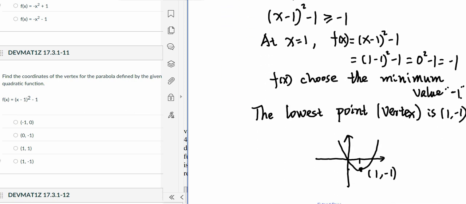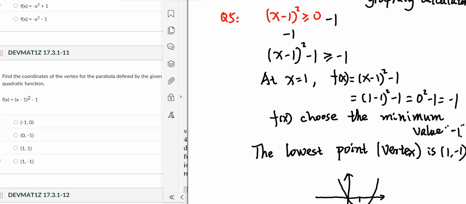We know that x minus 1 squared is greater than or equal to 0. See here, the first part, x minus 1 squared.